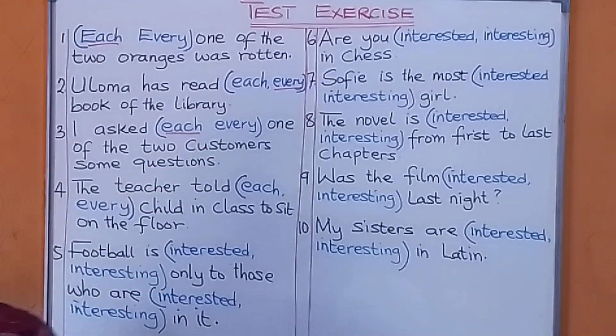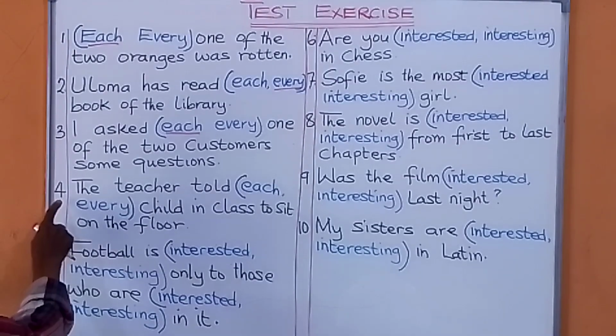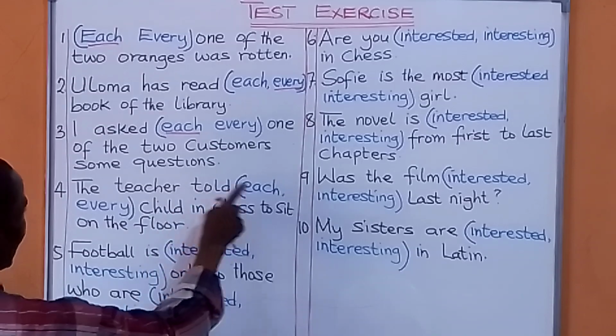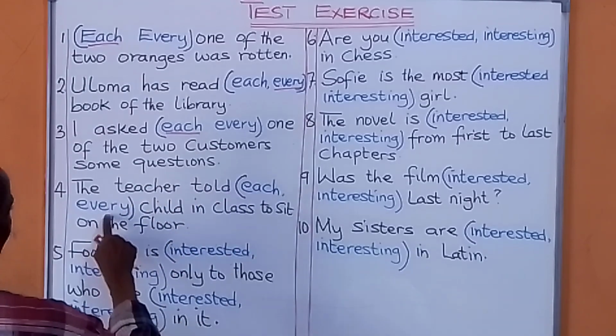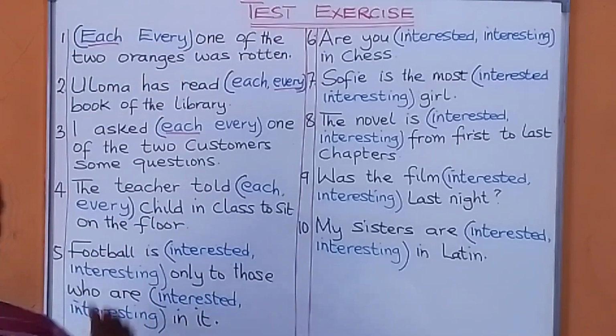I asked each one of the two customers some questions. Look at number four. The teacher told each, every child in class to sit on the floor. What are we going to put there? The teacher told every child in class to sit on the floor.